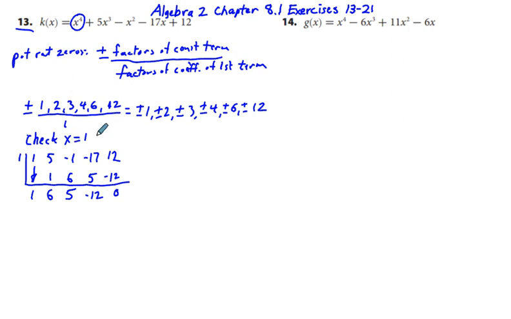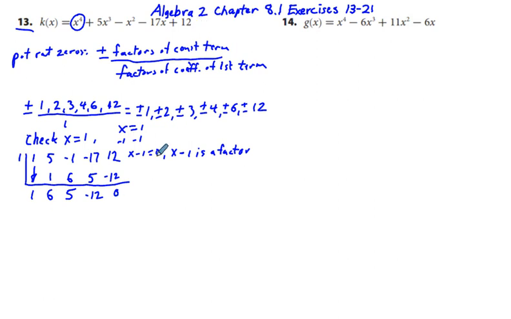And so, therefore, x equals 1, and to find our factor, we need to subtract 1. So x minus 1 equals 0. So x minus 1 is a factor of our original expression up here.